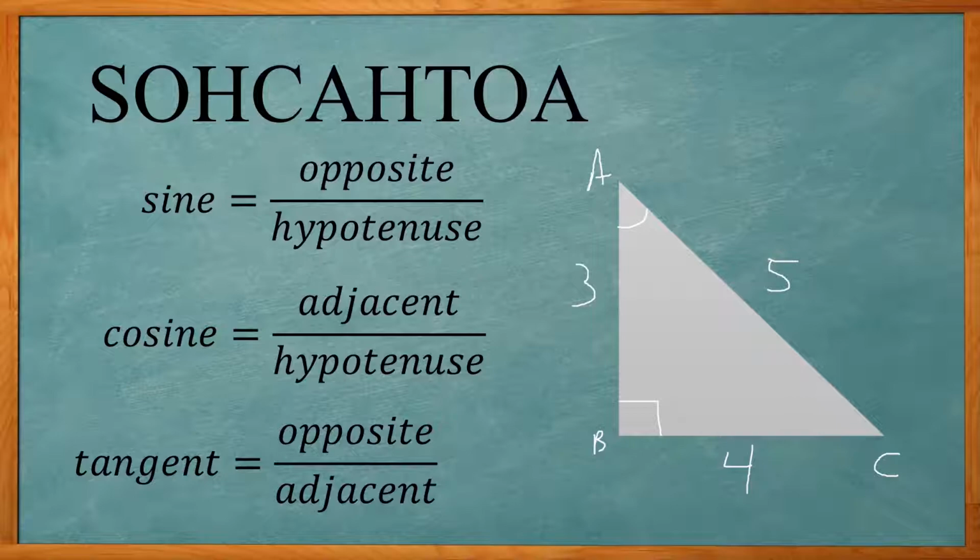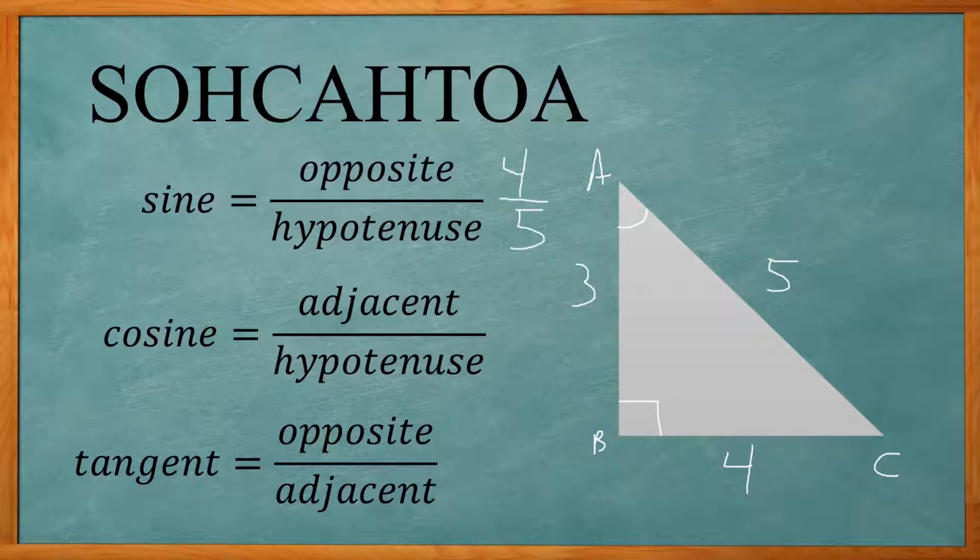If I want to find the sine of angle A, sine is equal to opposite over hypotenuse, so the opposite side of A is side BC, which has the length of 4, and the hypotenuse is always the longest side. That's going to be side AC, the length 5. So opposite would be 4 over 5. That's the sine of angle A.